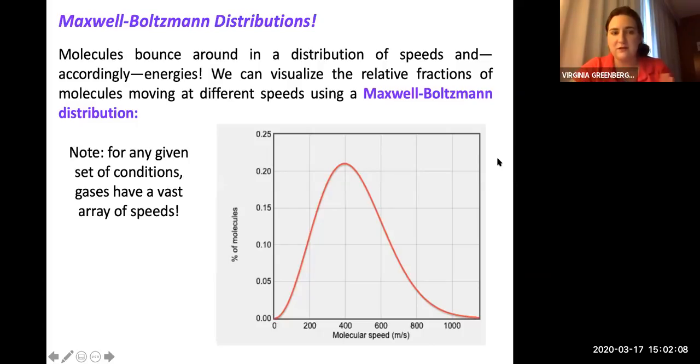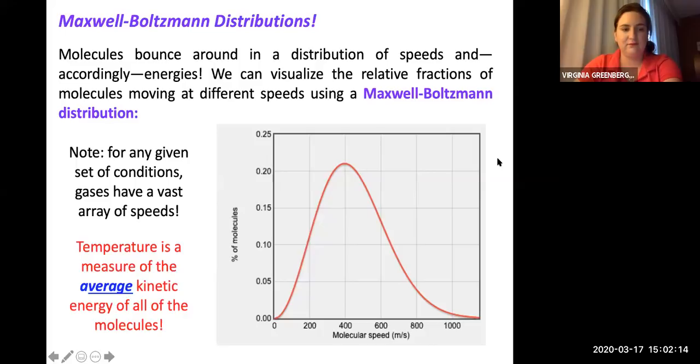We have an array of speeds that the gases can occupy and move around at. And so the way that we usually report kinetic energy, which is related to motion, is through temperature, as we mentioned before. So we'll go ahead and look at some more of these Maxwell-Boltzmann distributions.